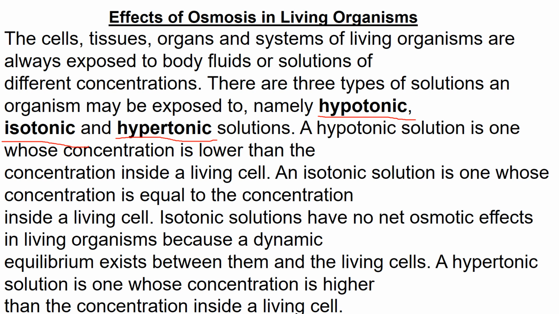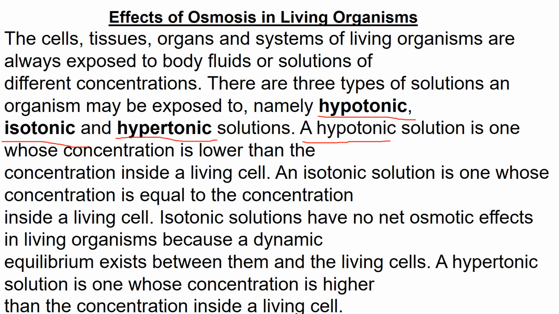What is hypotonic solution? Hypotonic solution is just a solution whose concentration is lower than the concentration inside a living cell. I'll give you an example here, an illustration. Isotonic solution is the one whose concentration is equal.